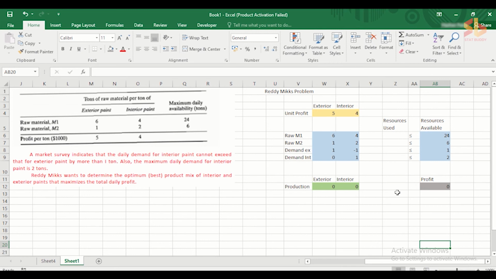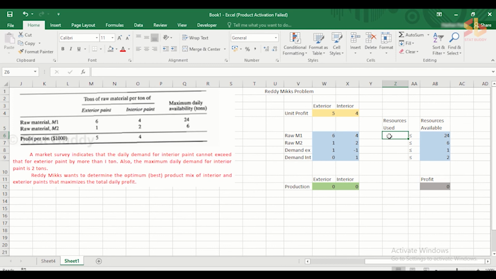Now we have defined those fields as per the question, and resource use is depending on the production decision. So we have to get the summation of this with this and this with this after multiplying these corresponding cells.